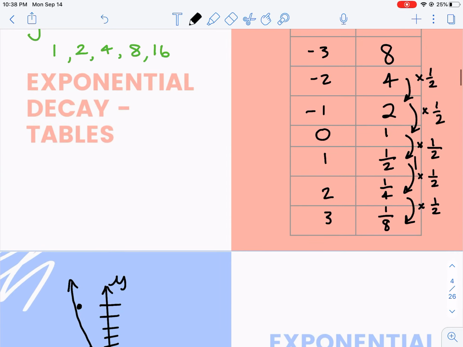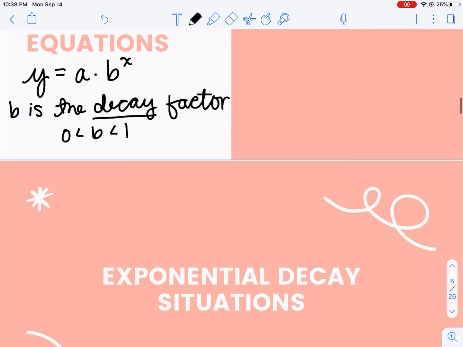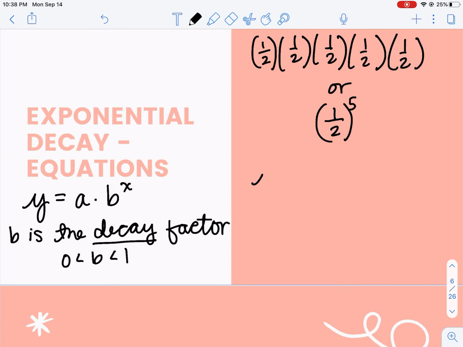So remember when I wrote the equation up here and then I was like, no, I changed my mind. I don't want to write the equation over there. Well, now we can. Remember, our initial value here is 1. So our function is going to be y equals 1 times 1/2 to the x power.